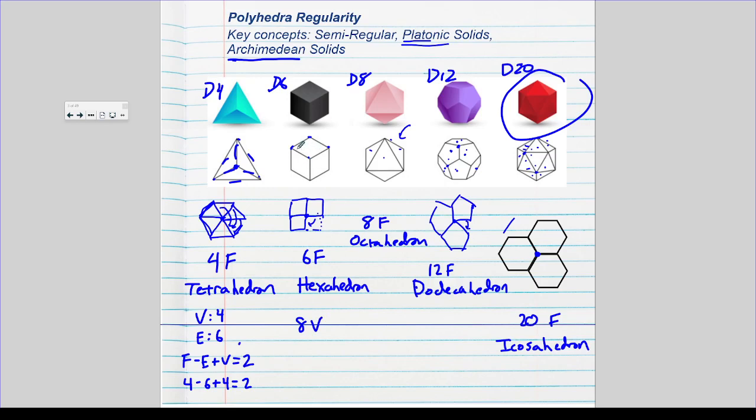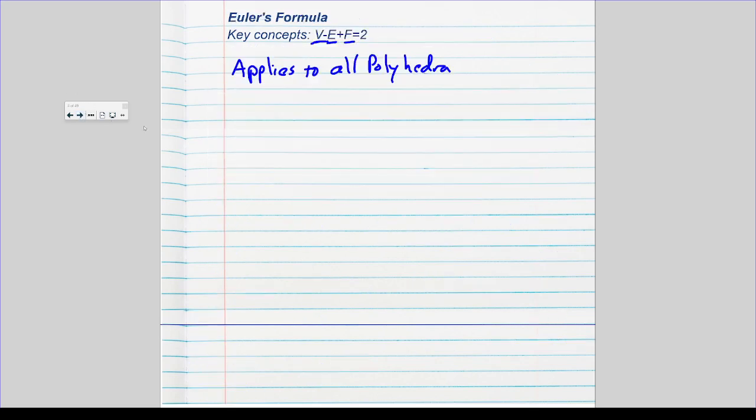And we have edges, 4 on top, 4 on bottom, and then 4 around the side. So we have a total of 12 edges. So if we use our formula, it says 6 minus 12 plus 8 should be equal to 2. And that's 14 minus 12, so that checks out. So that's just a formula that you can use to figure out how many vertices, edges, or faces a polyhedron has if you know the other 2.